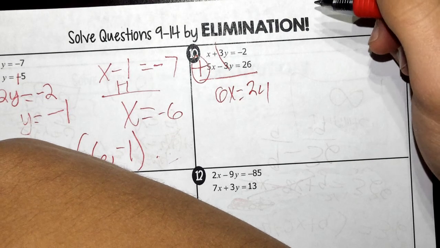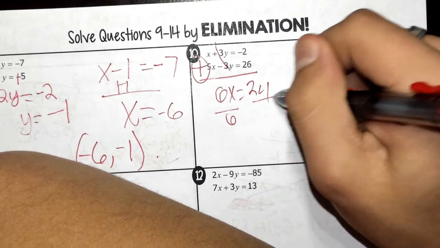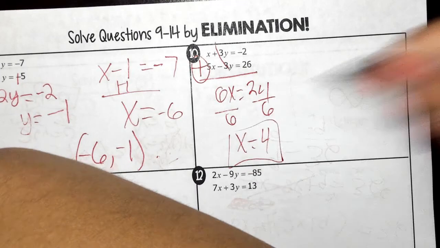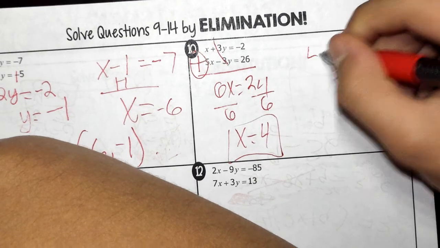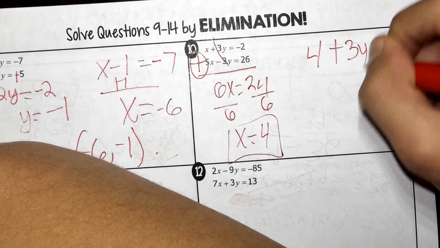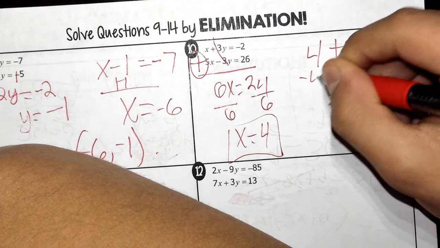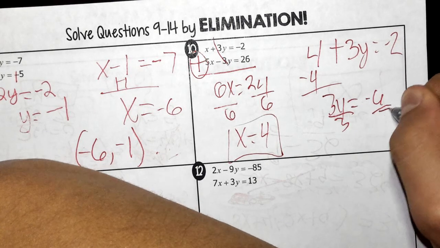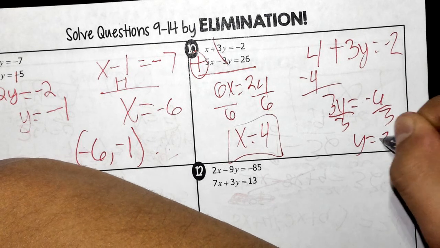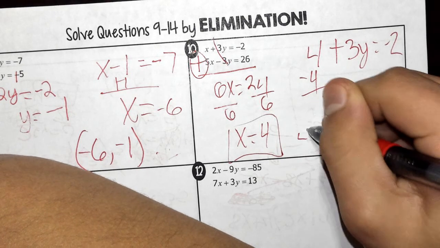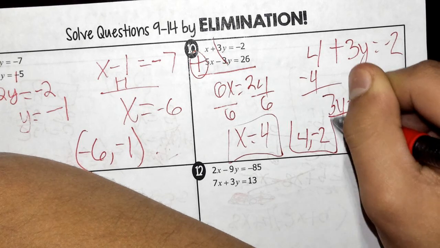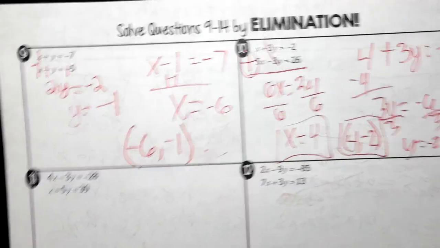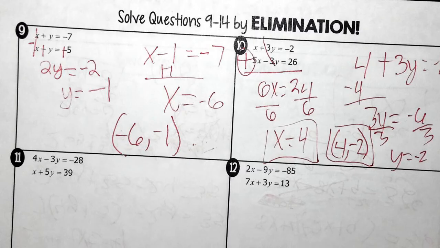So 24 divided by 6, x equals 4. Yeah, that's simple. So let's do 4 plus 3y equals a negative 2. Minus 4, 3y equals a negative 6. Divided by 3. Y equals negative 2. So it'd be 4 comma negative 2. And that'd be your solution set. Pause if you need to, right there.